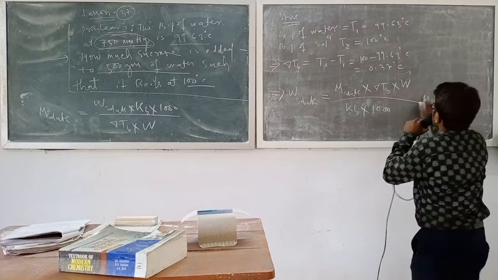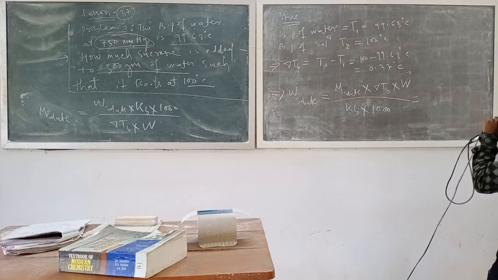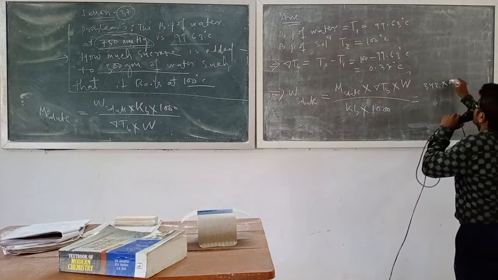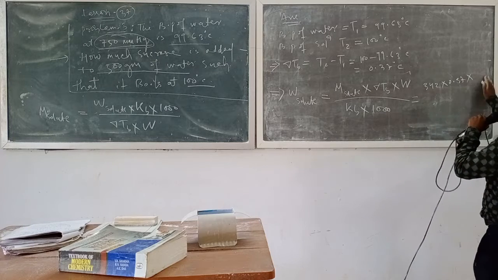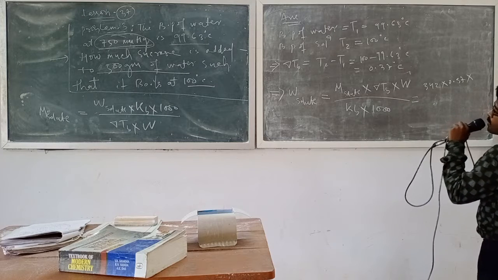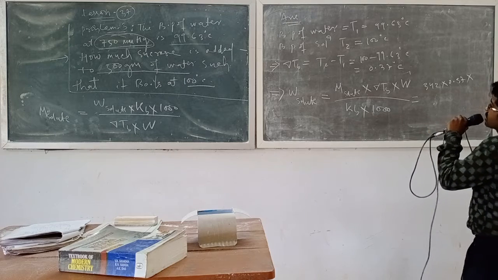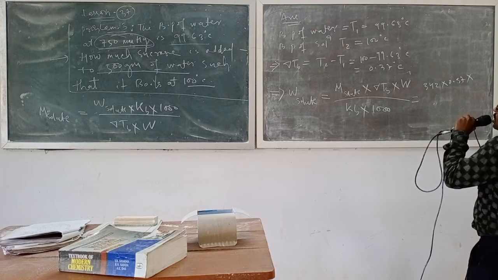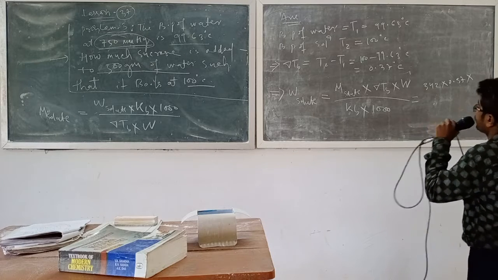M solute is how much? Molecular mass of the solute is 342, into delta Tb is 0.37, into W, the weight of the solvent. Weight of the solvent is how much? This is given. Weight of the solvent is 500 grams.